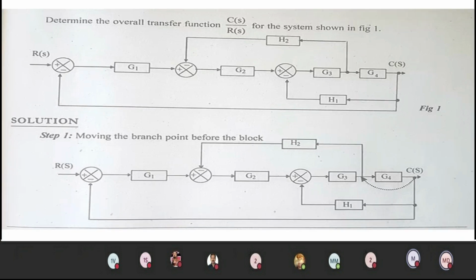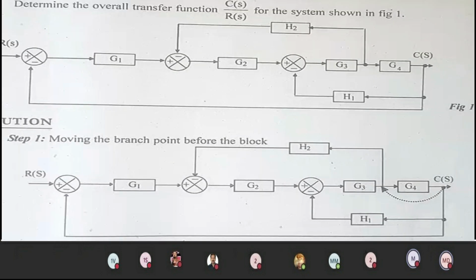The first step is you're going to move the summing point ahead of the block. You have to divide by the block, so H2 becomes H2 by G4.